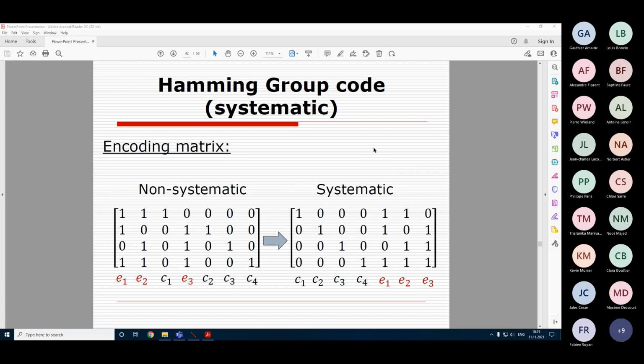So how do we change the systematic or non-systematic matrix approach? Basically, we just rearrange the columns in accordance with a new order of symbols. Here we have our control symbol columns, and here we have them in a new order. We just change the order of these columns, and that's it.